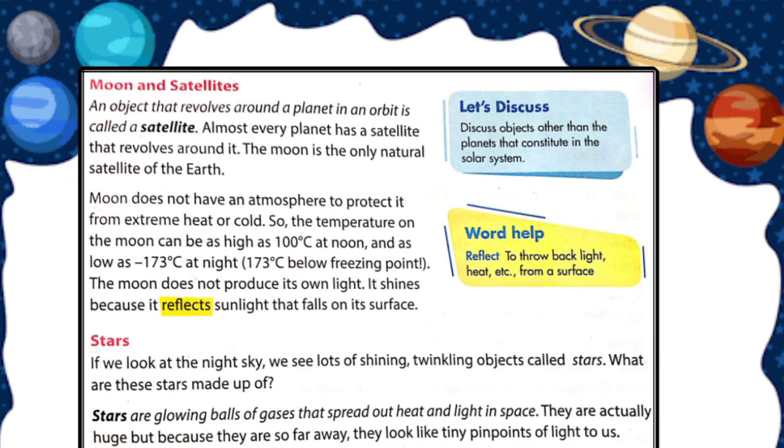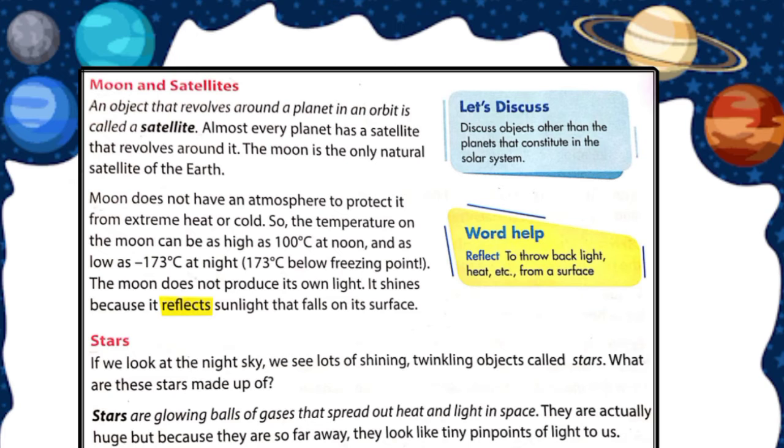Now, what is a satellite? A satellite is a small object that orbits or revolves around a large object in space. And satellites can be natural or artificial. Artificial means made by people.